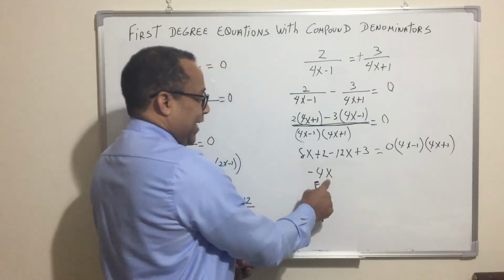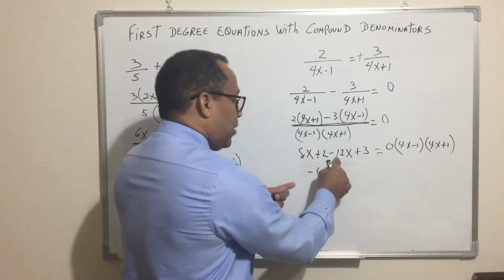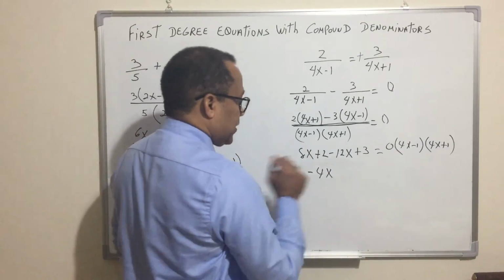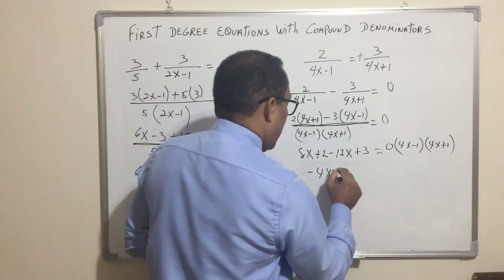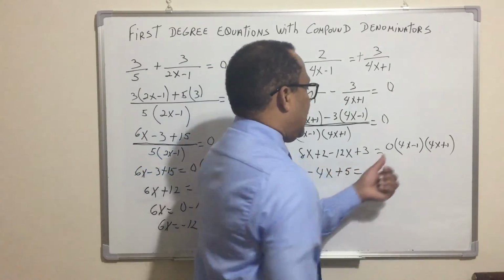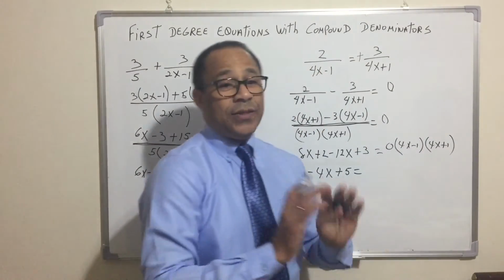Don't forget the last name, which is x, because these two are x. So it's 8x minus 12x, negative 4x. Positive 2 plus 3 equals positive 5 equals 0 times 4x minus 1 times 4x plus 1 is 0.